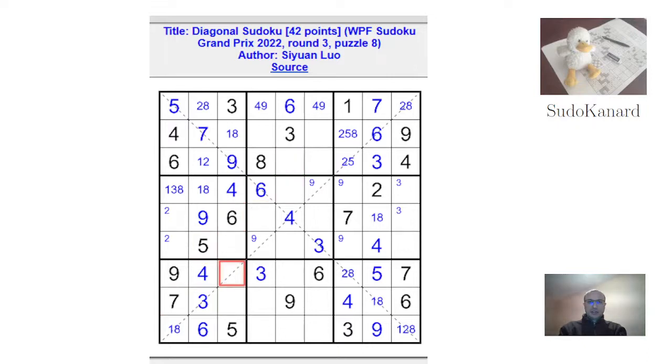7 is not here, so on this diagonal, it must join this 9 to produce a 7, 9 pair.